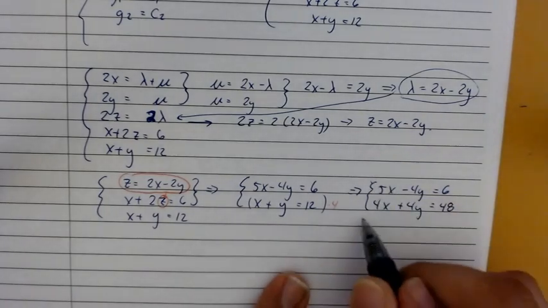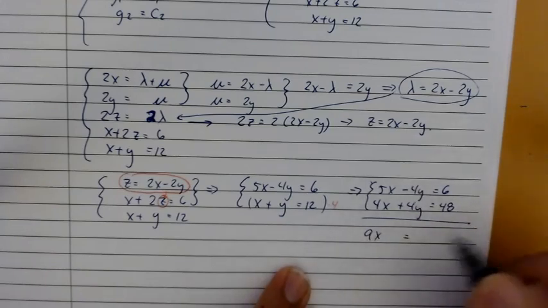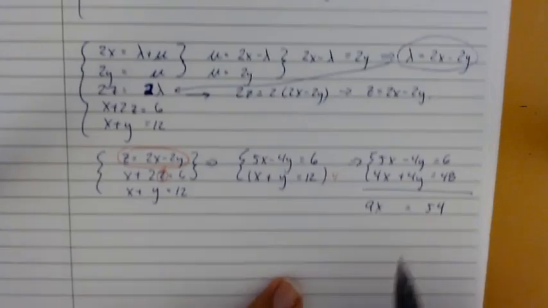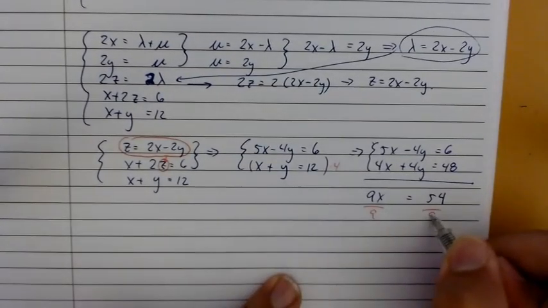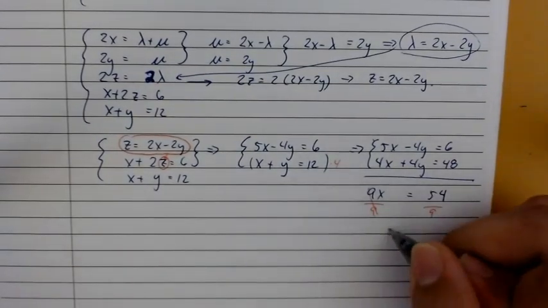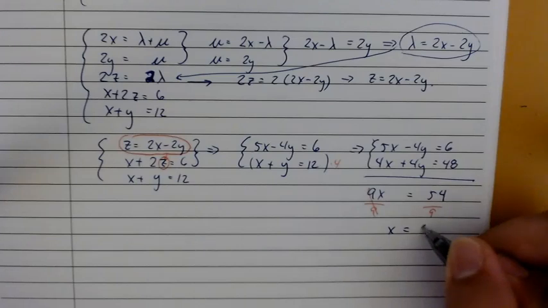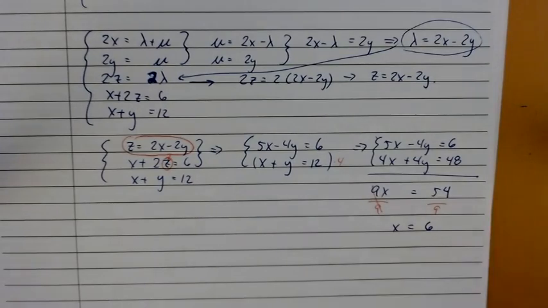By adding these lines together, the y terms go away, and we get 9x equals 54. If I divide both sides by 9, I get x equals 6. All right, so there we go. We find our value of x is 6.